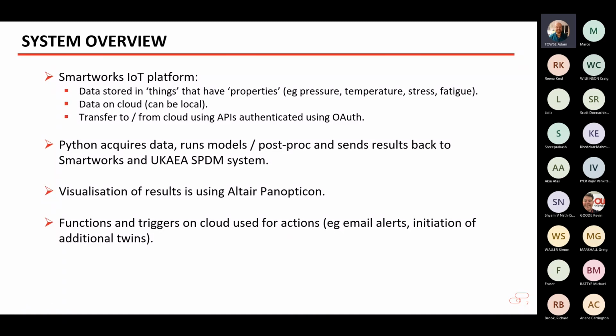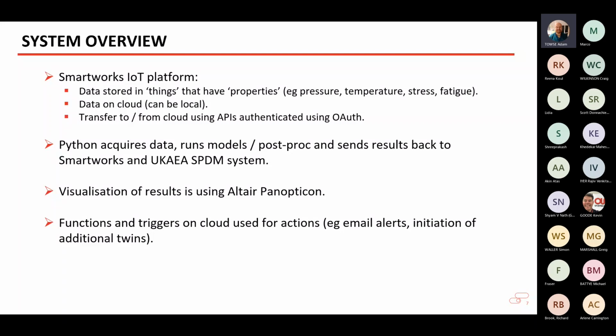So effectively, we had some Python programs, one for each twin, that went off to that IoT platform, grabbed a chunk of data, say a couple of hours' worth, brought it back, parsed it in the appropriate format, and pushed it through the calculation models. Calculation models were then automatically post-processed.